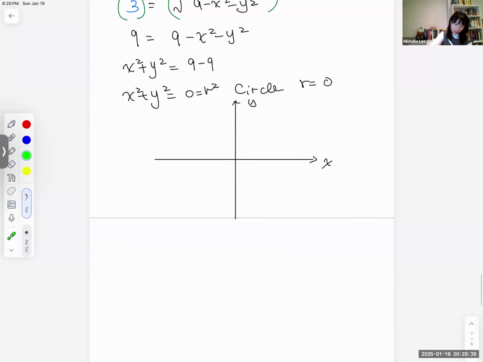So let's see. One, two, three. 1, 2, 3. 1, 2, 3. 2.83.